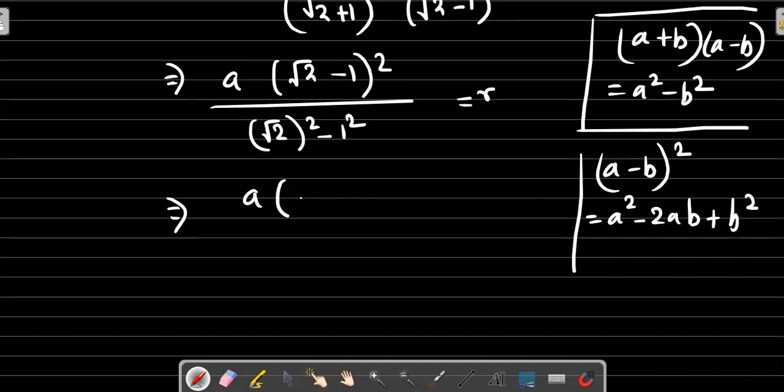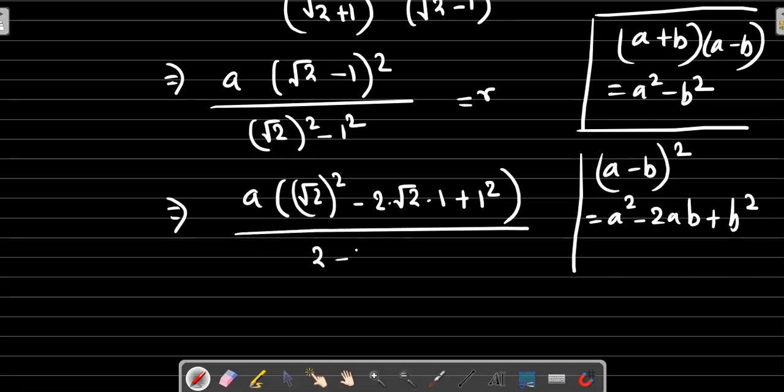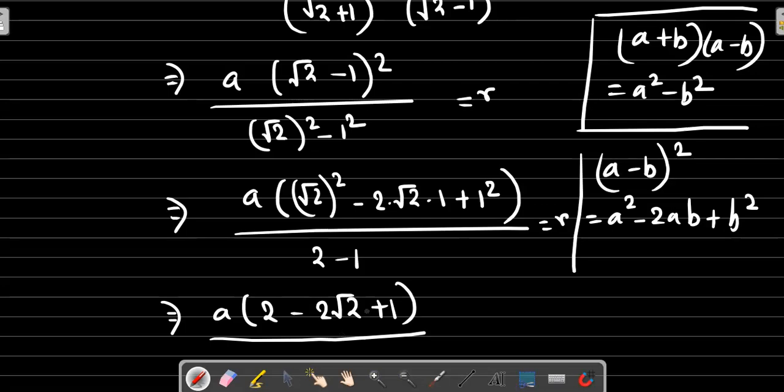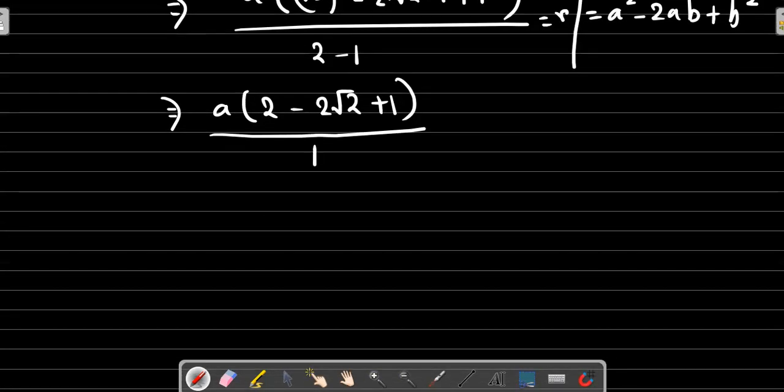So we get root 2 square minus 2 into root 2 into 1 plus 1 square divided by 2 minus 1, that is equal to R. Now from this you get A into root 2 square is 2, minus 2 root 2 plus 1, divided by 2 minus 1 which is 1, equal to R. So you get R equal to A into, here 2 plus 1 becomes 3, minus 2 root 2.